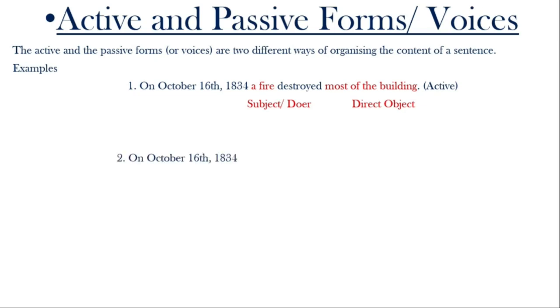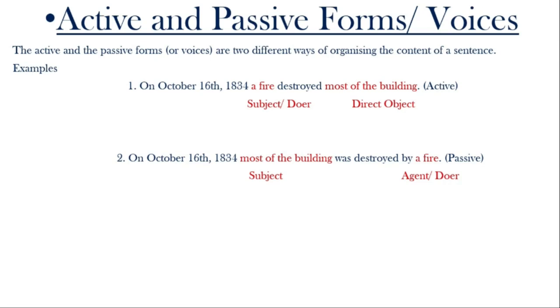Now, the sentence here is changed. On October 16th, 1834, most of the building was destroyed by a fire. Here, the sentence is in the passive form. Let's see the order again. Now, the order is changed. It's no longer the same, just like in the active form.